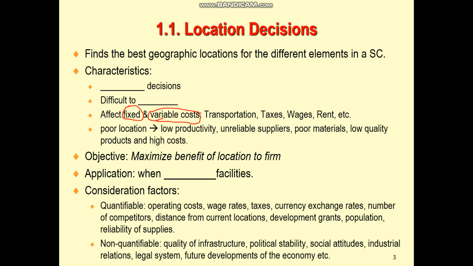We try to maximize all the benefits of that location, like whether that location can attract more customers or not, is it near suppliers, is it convenient, and we make the location decision when we try to open a new branch or we try to locate the new facilities.